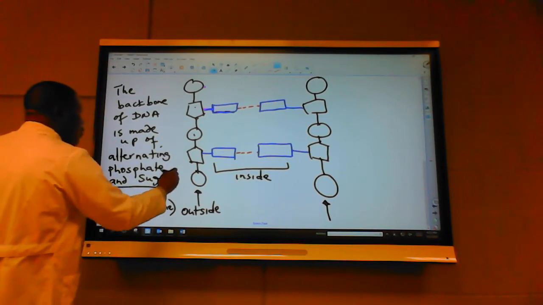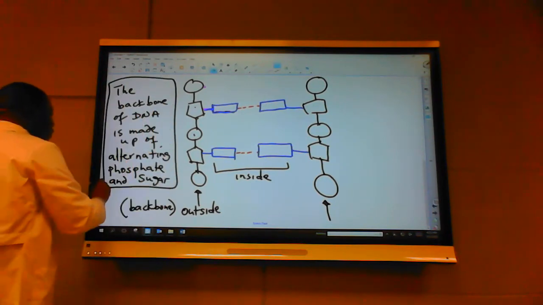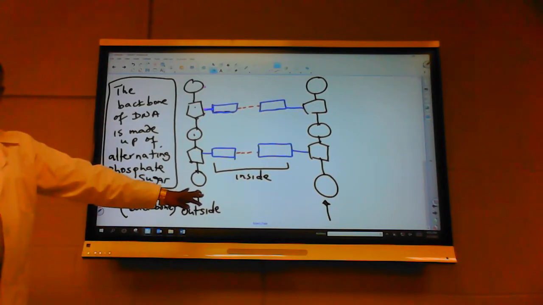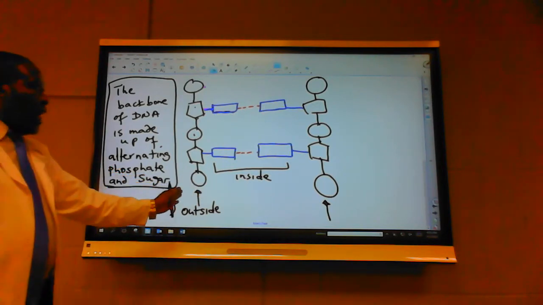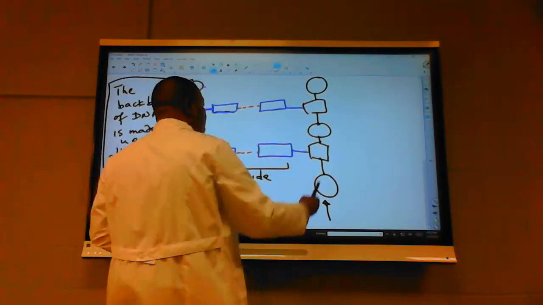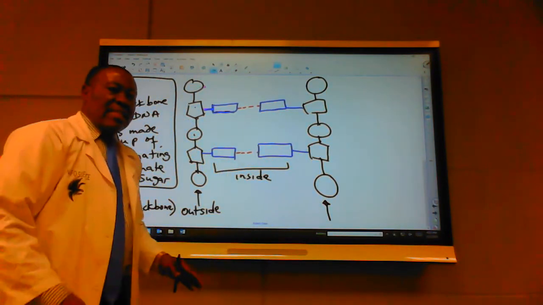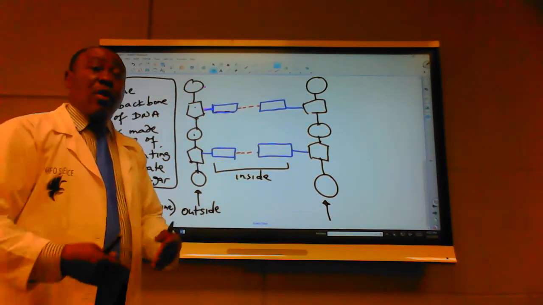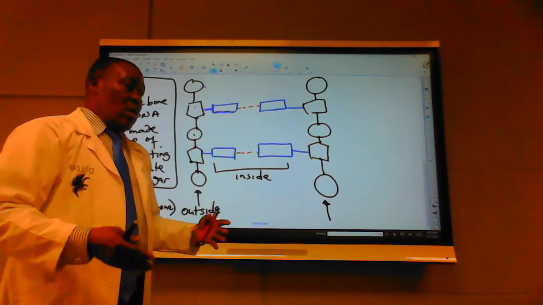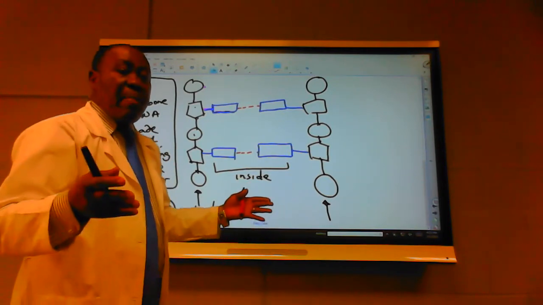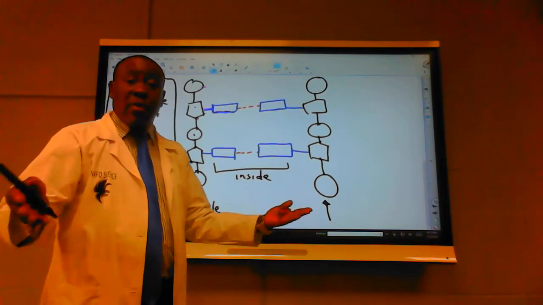Okay, please write this at the bottom of your diagram. So that's the backbone and that's the backbone. Technically I can say that DNA is made up of two strands. Or you will see this in biology books, they simply say made up of a double helix.